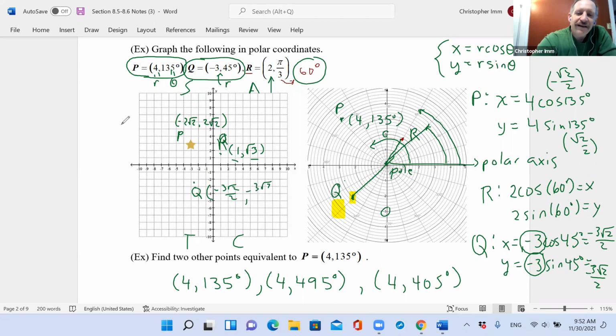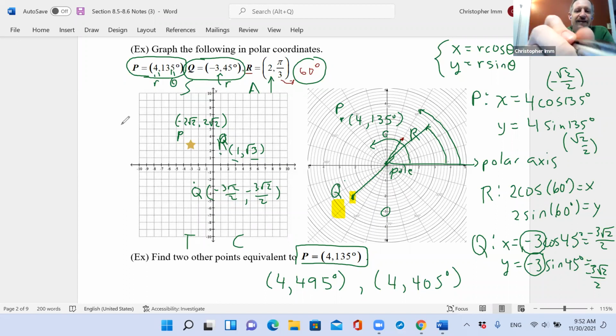Okay. And finally, these coordinates aren't unique. So if we're trying to find 2 other points equivalent to P here, then one of them would be 4, 495. So let's see what happened there when we plot this on our polar coordinates. 495, we know we have to go around 360.